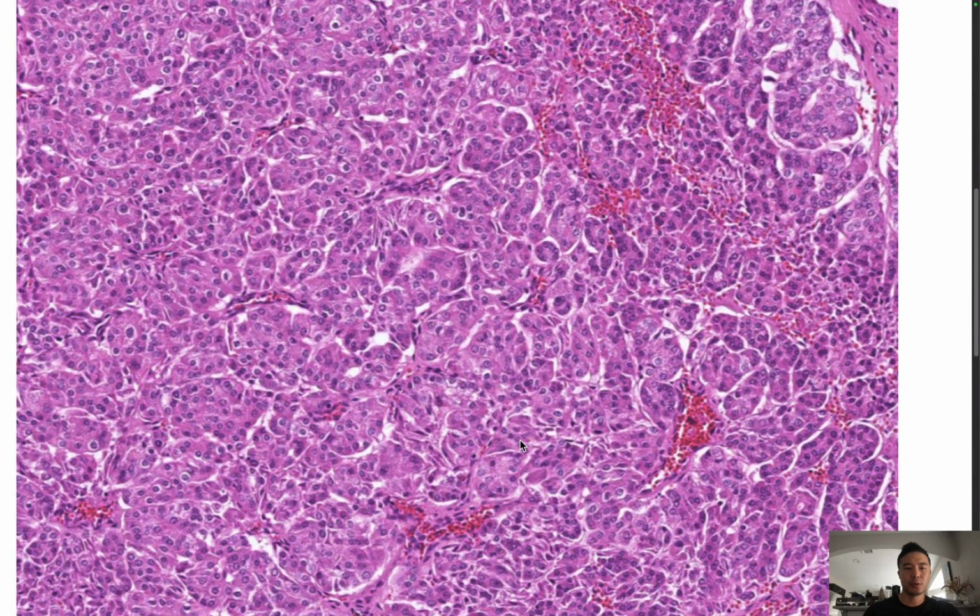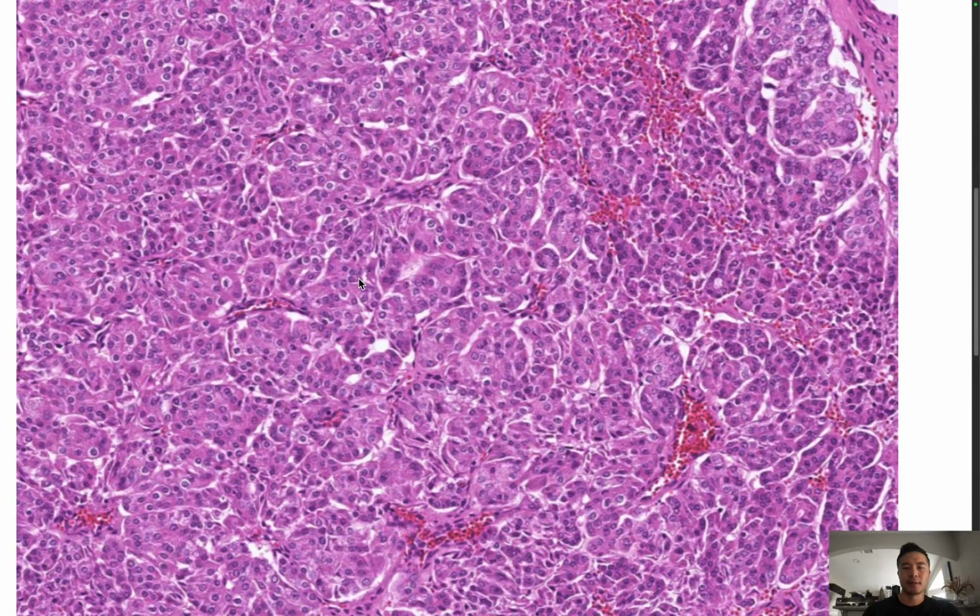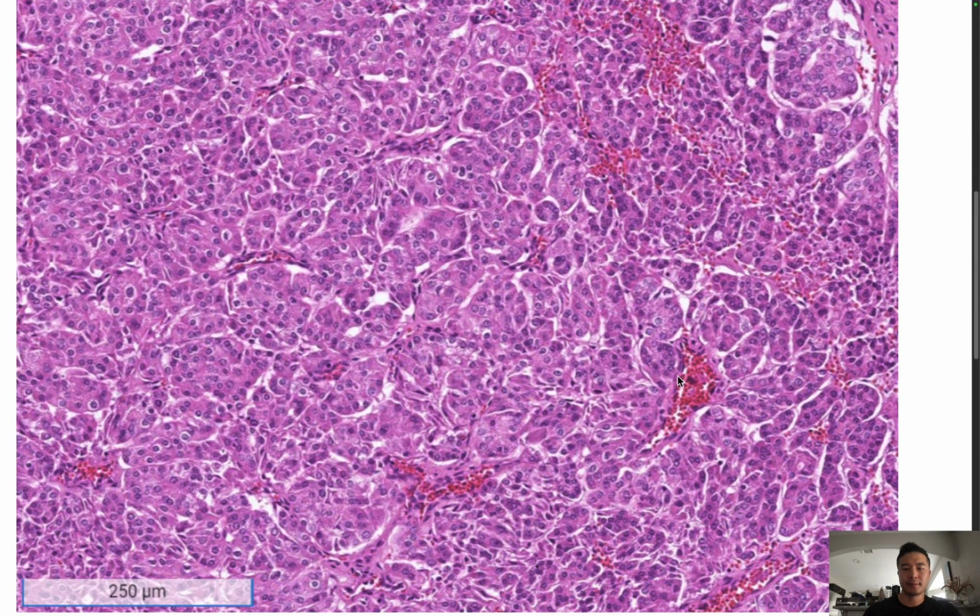Here we see more of the solid trabecular architecture of these follicles. The nuclei are larger than the red blood cells here. There's a little bit of pinpoint nucleoli.